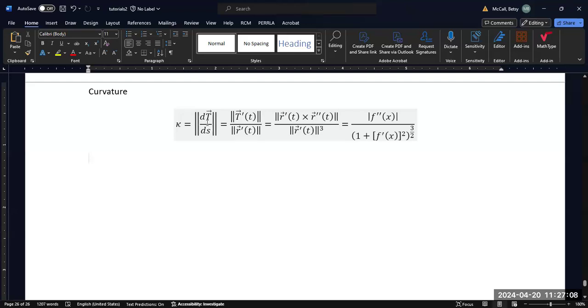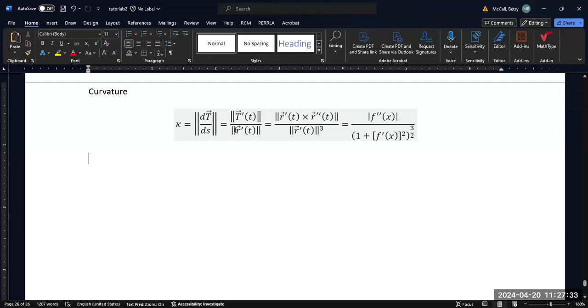So there are some alternative definitions for the curvature that will give you equivalent results, but in terms of the time parameter. One version of this is the derivative of the unit tangent vector divided by the arc length derivative. So that's the derivative of r prime.